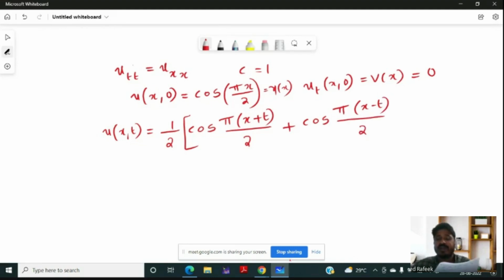And moreover, the integrand is 0 here, so that part completely becomes 0. Now you know the fundamental formula of cos A plus cos B: cos A plus cos B is equal to 2 cos of A plus B by 2.